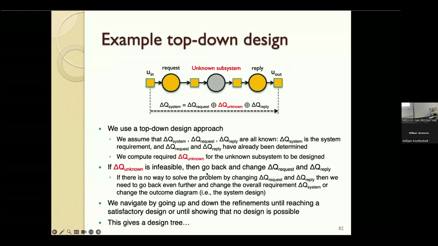We're expecting a negative delay somewhere in our telephony system. Then we have to go back and maybe redo the request or reply parts. Or maybe that's not enough. Maybe there is an inherent problem in the overall system requirement that has to be changed because no systems are possible. If you reach a dead end, you have to backtrack, rethink part of the system, and go in another direction.